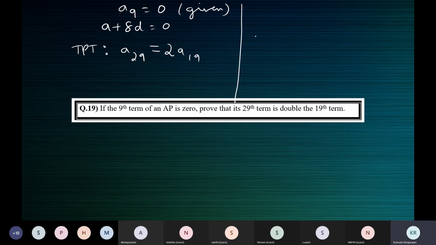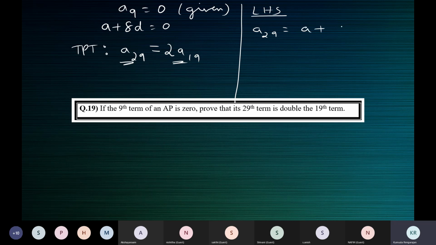So how do we find the 29th? Let's take up the LHS, which is A29. We have to prove that A29 is equal to twice the 19th term. Let's work the LHS and the RHS. If both are the same, we have proved it.